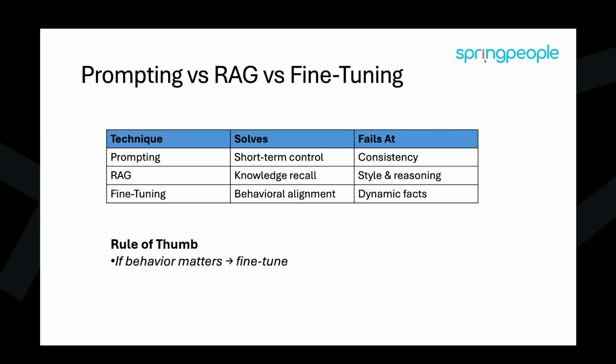Hence, at some point, any model will eventually go through a fine tuning process, while it will continue to have variations of its prompts, and definitely RAG, because that's the only way you keep the latest data.